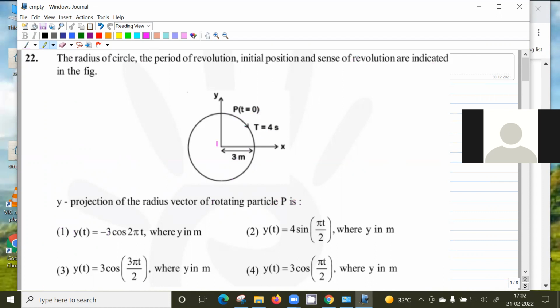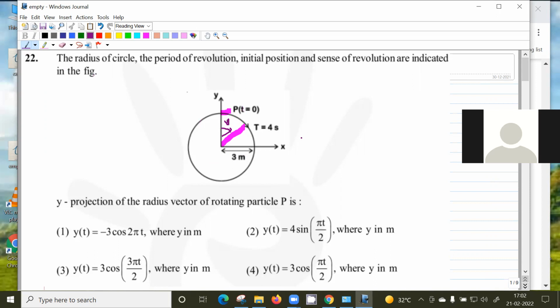Basically this is the radius vector, no? Yes, sir. And what is the projection on the y-axis? Let this be the initial position, P at time t equal to 0. So this angle theta is going to increase with time.